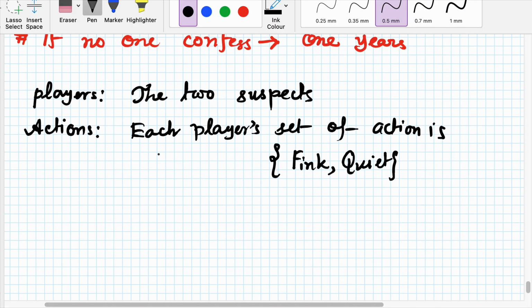Now what are the outcomes and preferences over the outcomes?